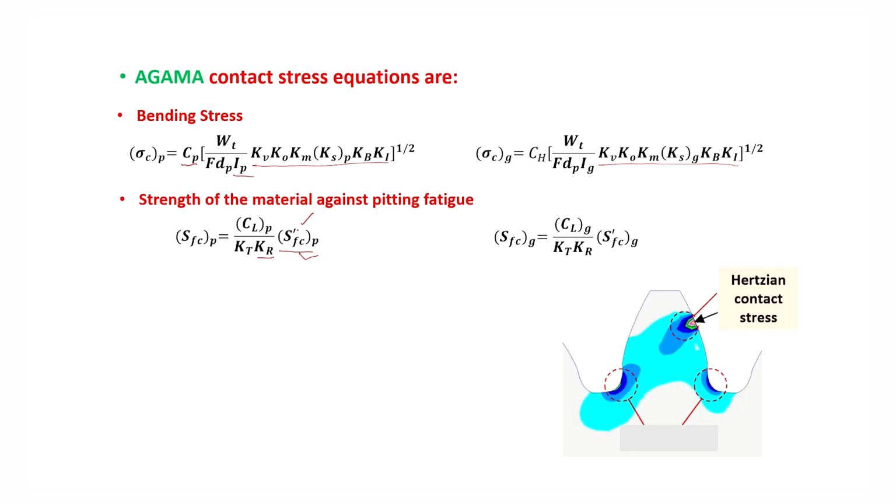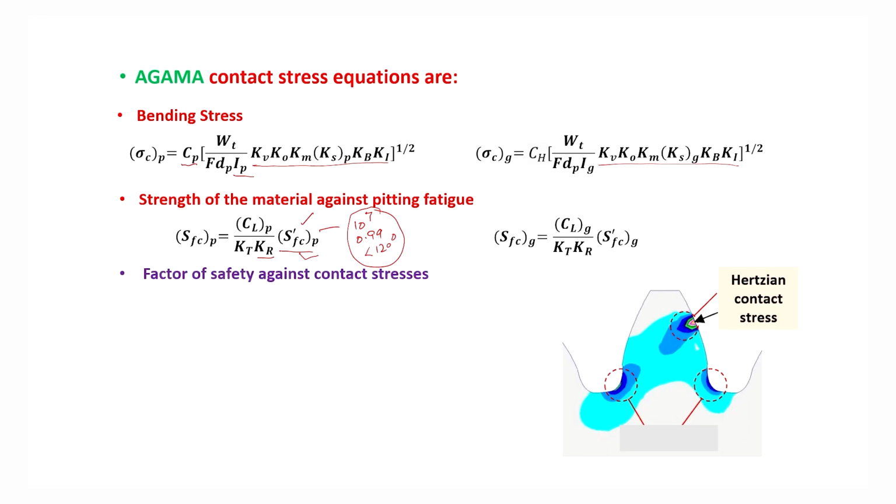Because this SFC dash is for 10 to the power 7 cycles, reliability equal to 0.99, and temperature less than 120 degrees centigrade. So, if your required life, temperature, and reliability are other than this, then you have to use these factors.